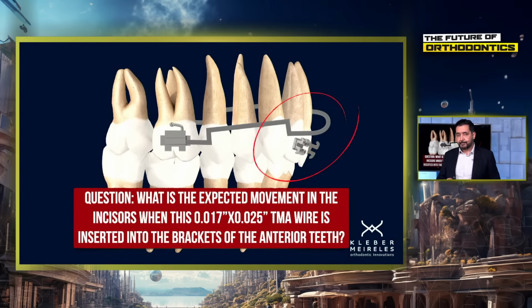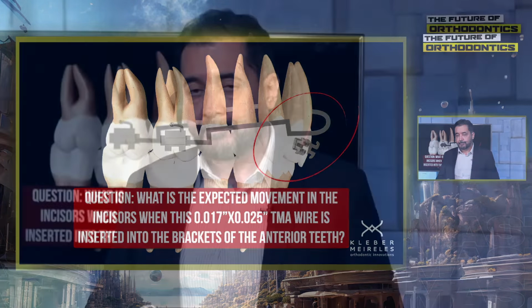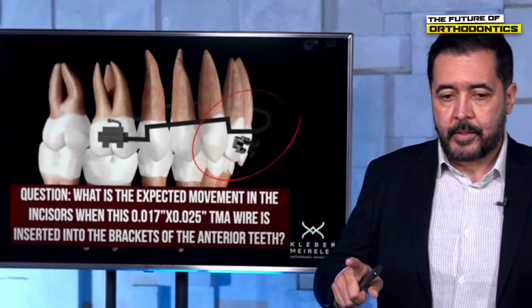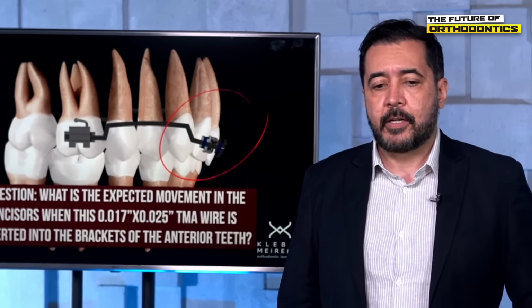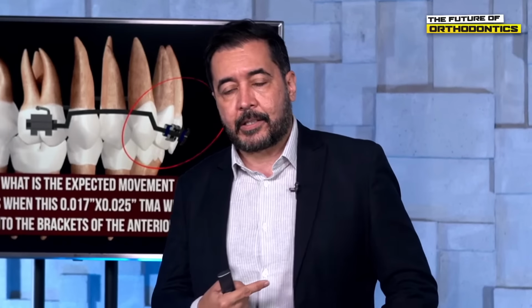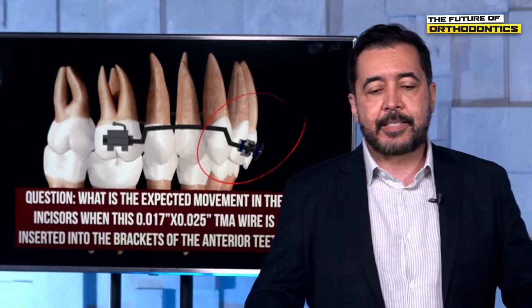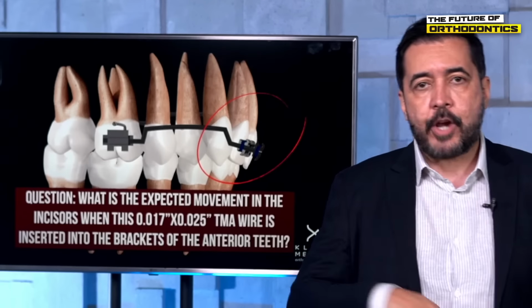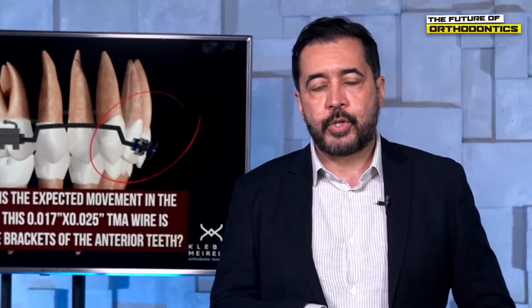But we can't say that because this is a two-couple system. If you applied a one-couple system here and just tie this to the anterior segment of the wire, yes, they will intrude, for sure. But in this case, since you are inserting the rectangular wire inside the slots of the anterior teeth, you can't say that unless you measure the torque that you have in the anterior teeth.